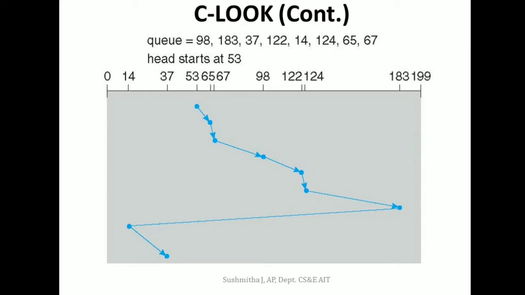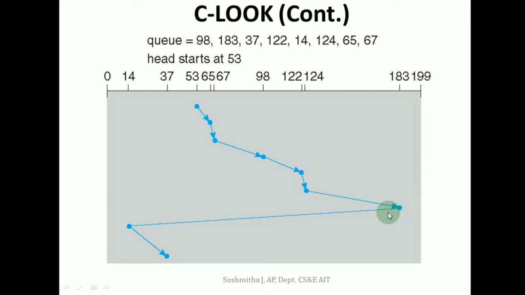It is going to start from the request that is available on that side. So you can see here 53 is the head start, then 65, 67, 98, 122, 124, and then it goes to 183. As the algorithm is C-look, it only goes to the final request. It is not going to go beyond that.